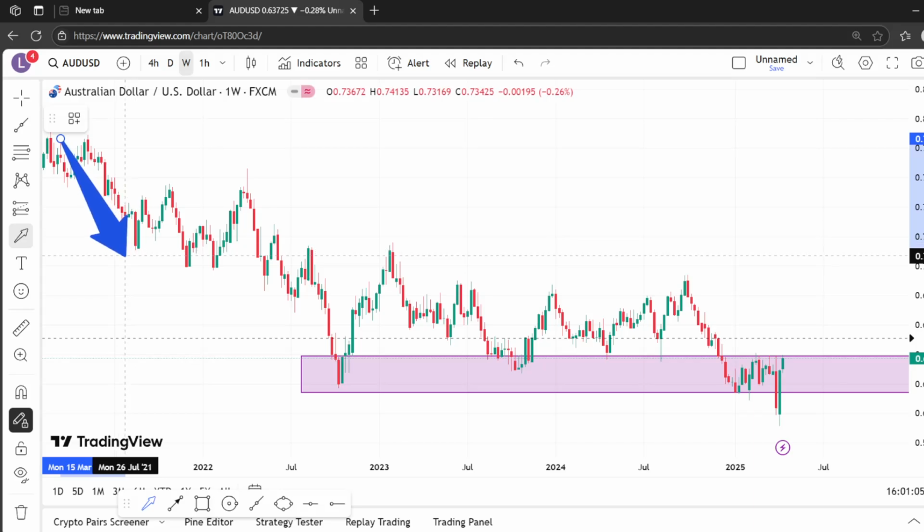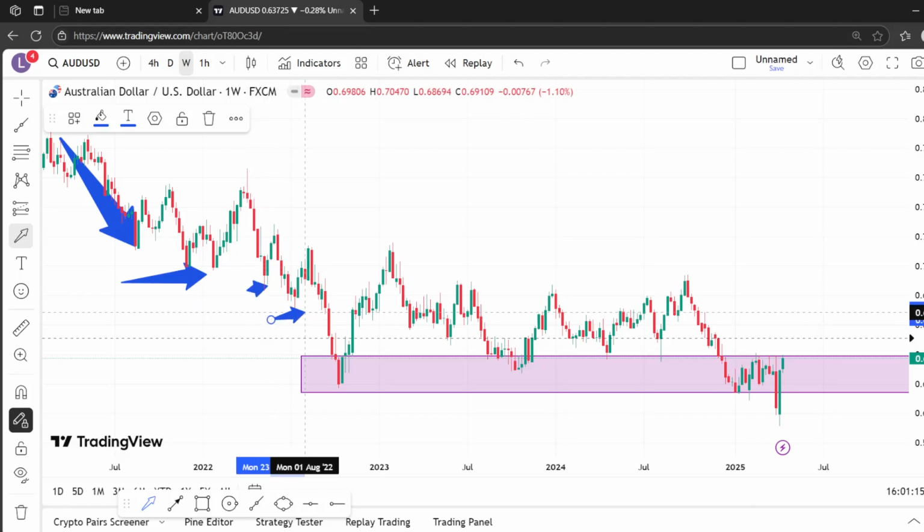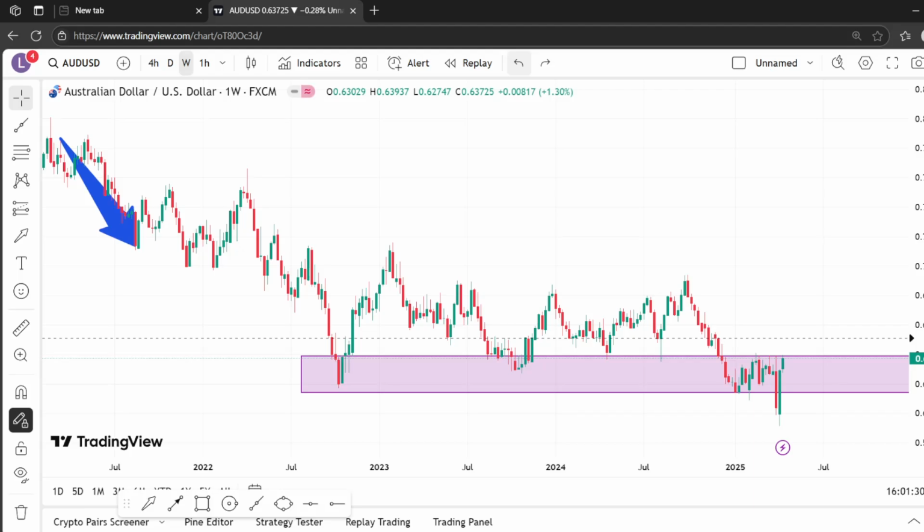If you're closing below previous lows, for example this low here, we broke it and closed below it, then you are downtrending. That's the easiest way to identify a trend. When you're breaking and closing below previous lows, you're downtrending. It's that simple. The opposite is true for an uptrend.